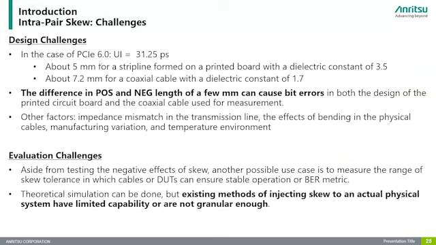For PCI Gen 6, one UI, or one unit interval, is only 31 picoseconds. That is only a 5 millimeter difference of the PCB strip line, or 7.2 millimeter for the cable. So if you have a 1 millimeter difference of the cable between positive and negative, that means a 5 picosecond skew mismatch.